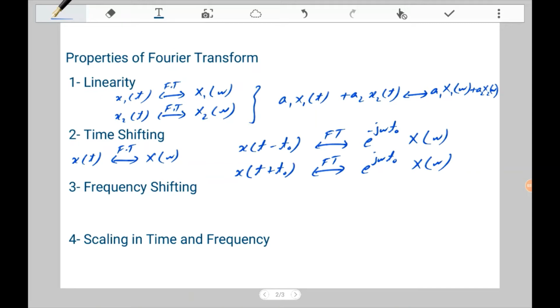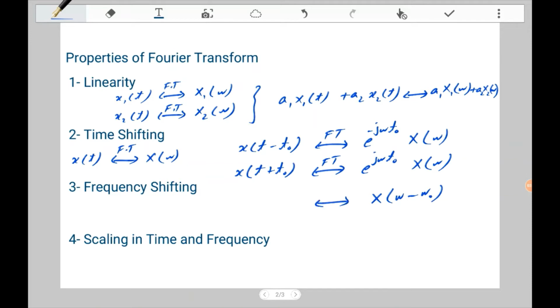So if we shift a signal in time domain, it will impact the exponential power in frequency domain. Similarly, if we shift a signal in frequency domain, it will have its impact on the signal in the time domain. Let's say we have a signal X of omega and we shift frequency to omega minus omega naught.